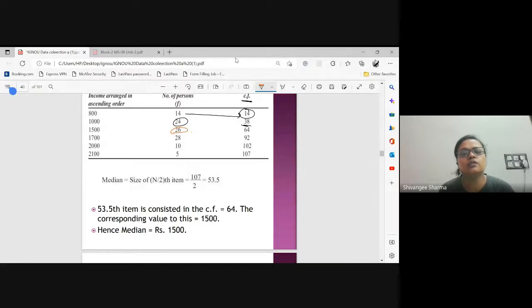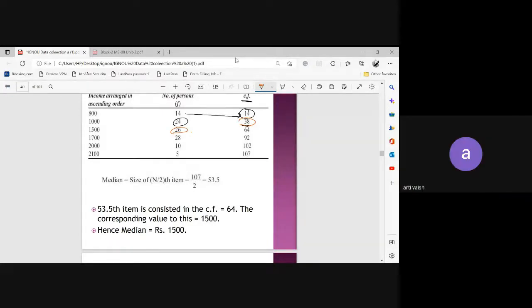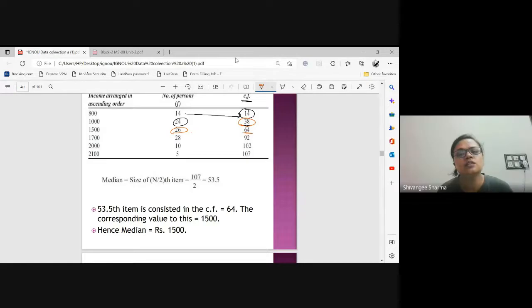You add 26 to 38, then you will be getting 64. Then you add 28 to 64, you will be getting 92. 92 plus 10, 102. 102 plus 5 will give you 107. So this is how cumulative frequencies are calculated.